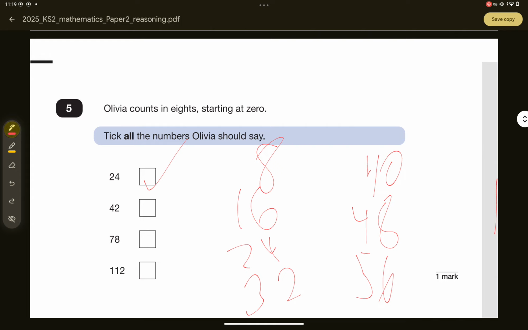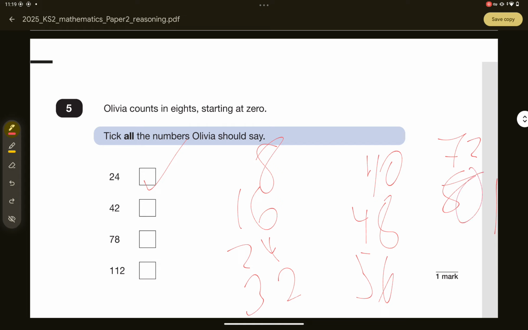So do we also do an X there? Also, guys, don't do an X in the real SATs paper because you might need to change your answers if you realize it's incorrect. And then 78, we know that is incorrect because it's 72 then 80.